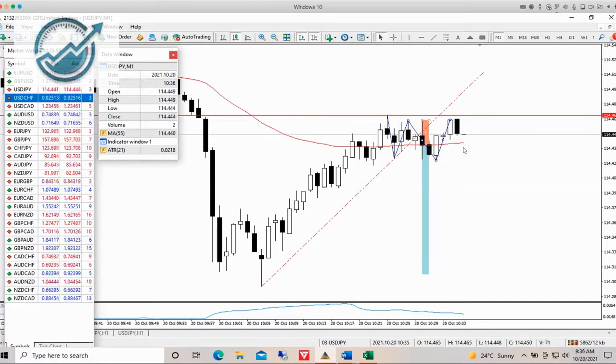This actually happened to me on a higher time frame, on an H4 trade where the stop distance, I think, was about 40 pips, and it came to within 1 pip of my stop before then resuming.